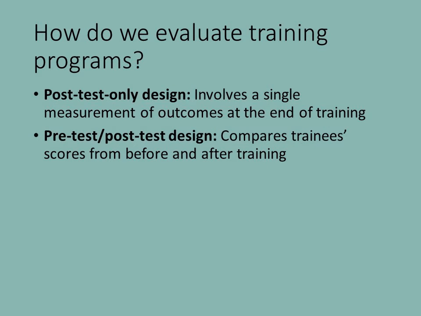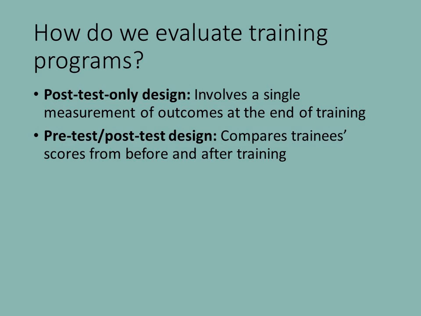The pre-test, post-test design involves 2 measurements from the training group, one before training and one after training. For each learner, we can compare their 2 sets of scores. We can use t-tests and other tests of significance to determine whether differences between pre-training scores and post-training scores are statistically significant and therefore indicative of a real change.